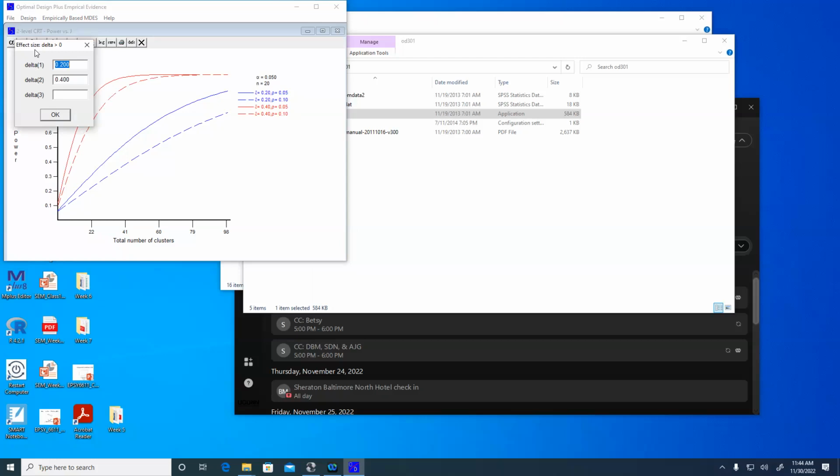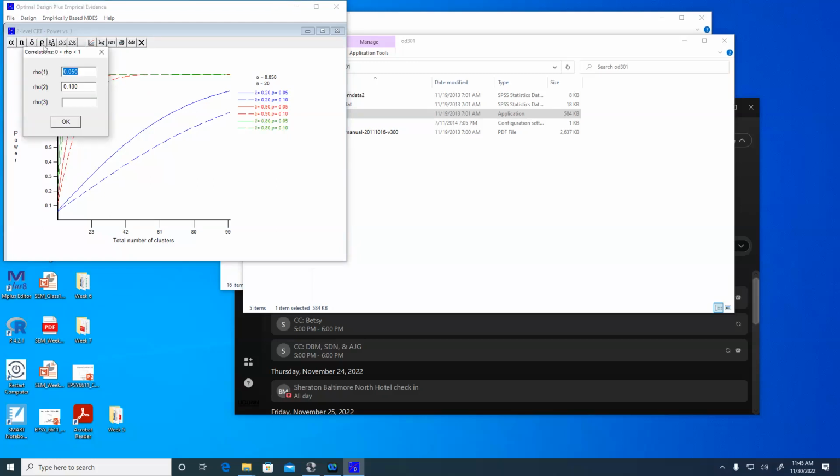That would be kind of fun, right? So let's go 0.2, 0.5, and 0.8. Again, don't freak yet. Let's go through the rest of the buttons. You can get a lot of lines on here, but sometimes it's in your best interest to simplify so you can actually read the thing.